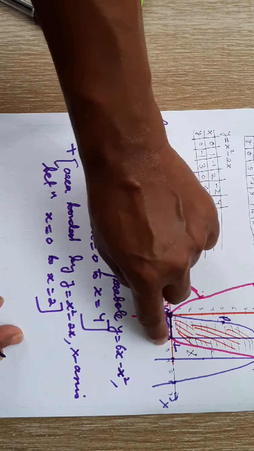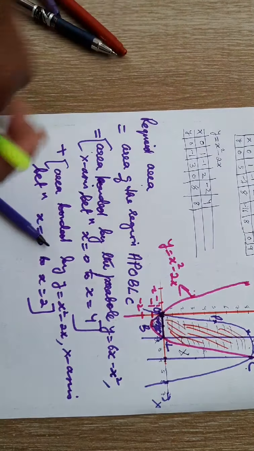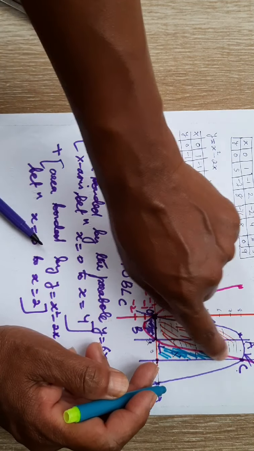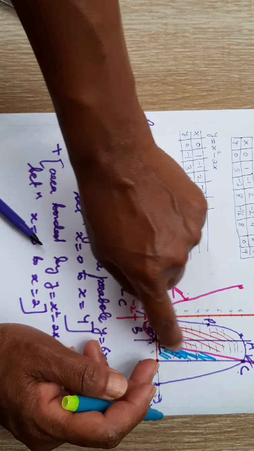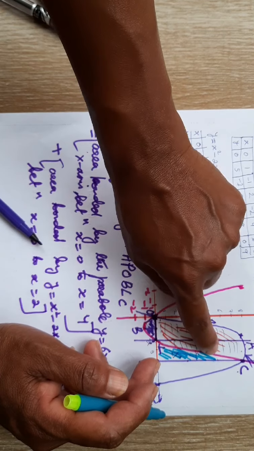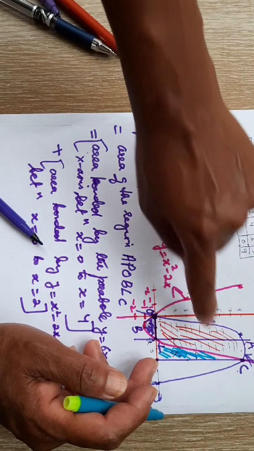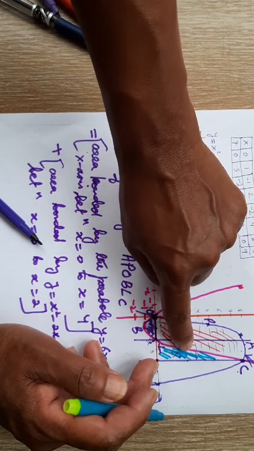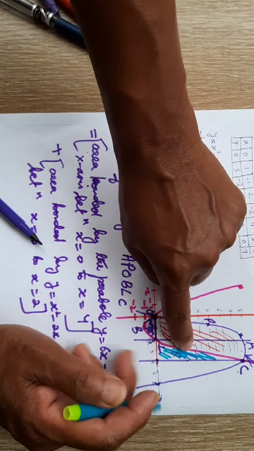So you see that this curve here, that is this one. So let us subtract this one. Now you can see that this region represented by the blue colored region is bounded by this pink colored curve, y is equal to x square minus 2x, and the x-axis between x is equal to 2 to x is equal to 4.